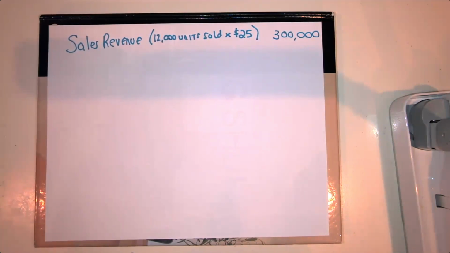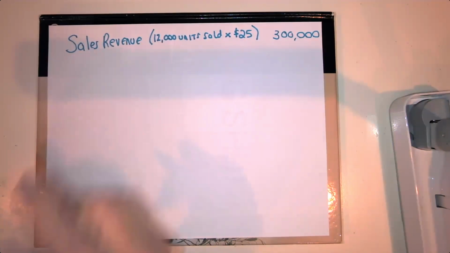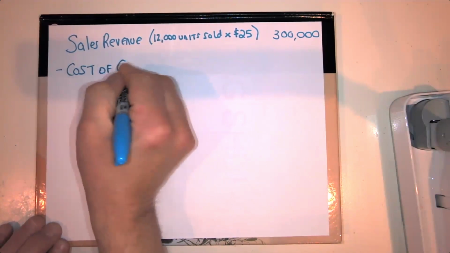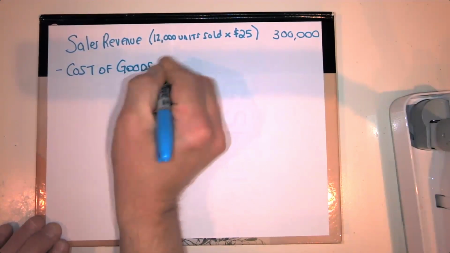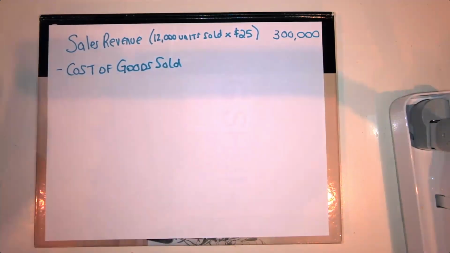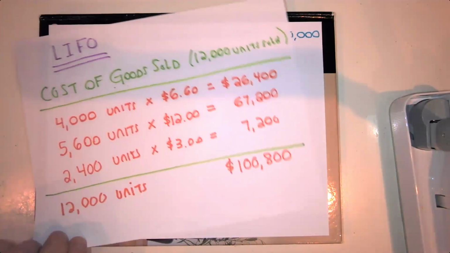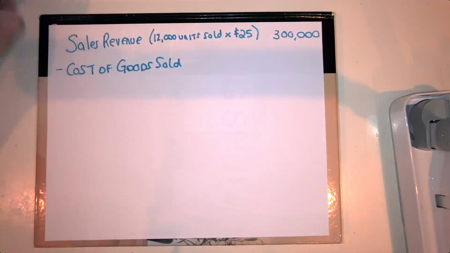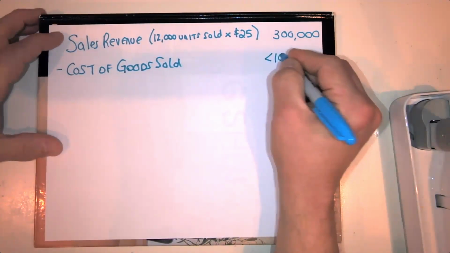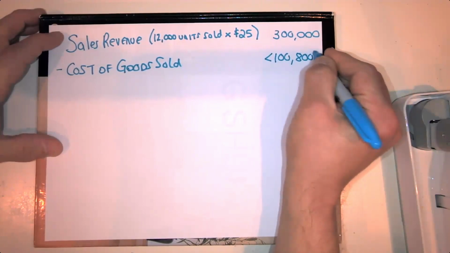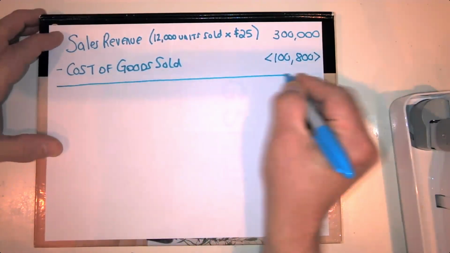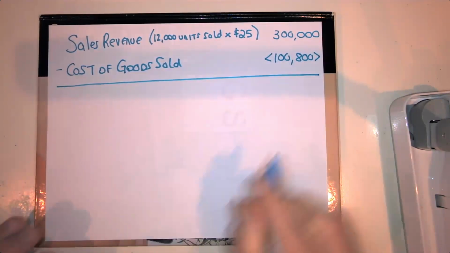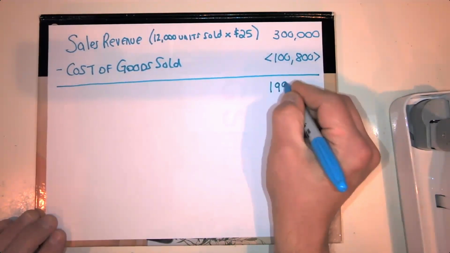We also know, because we've done income statements before, that we then subtract the cost of goods sold, which we just calculated, $100,800. When I do the subtraction, I've got 199,200 here.